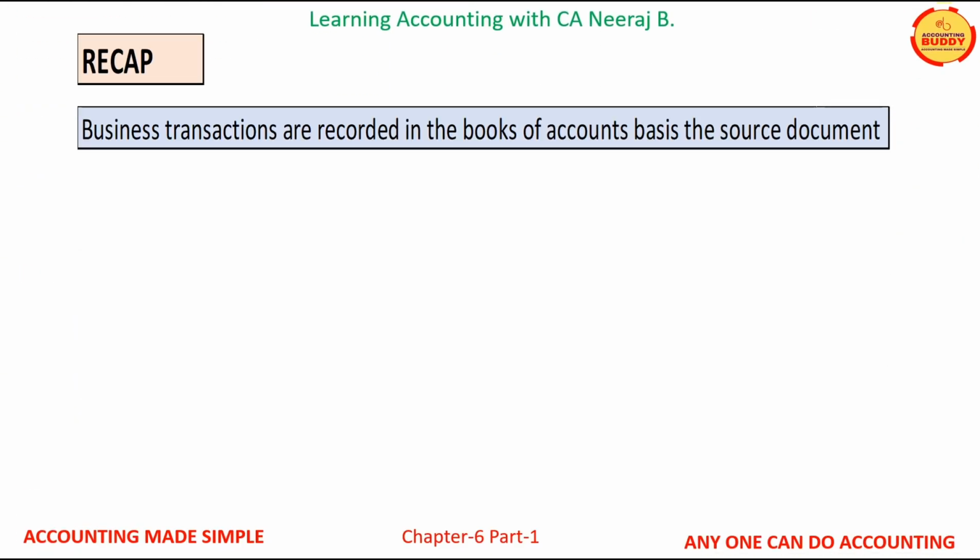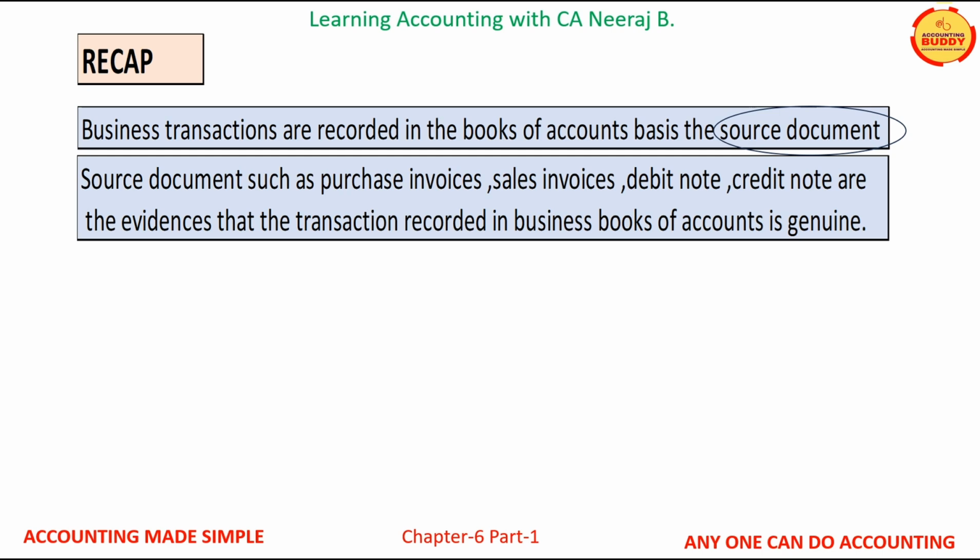Business transactions are recorded in the books of accounts on the basis of the source document. Source documents such as purchase invoice, sales invoice, debit and credit notes are the evidence that the transaction recorded in the books of accounts is genuine.